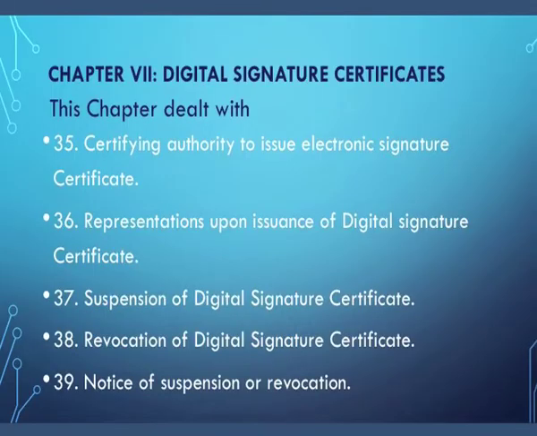Chapter 7 deals with digital signature certificates. This Act provides that the certifying authority issues the digital signature certificate. It also elaborates on representations upon the issuance of the digital signature certificate, suspension of a digital signature certificate, revocation of a digital signature certificate and notice of suspension or revocation.